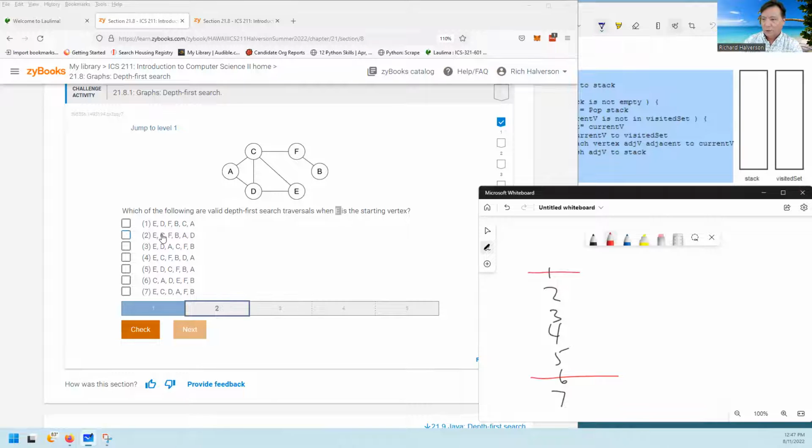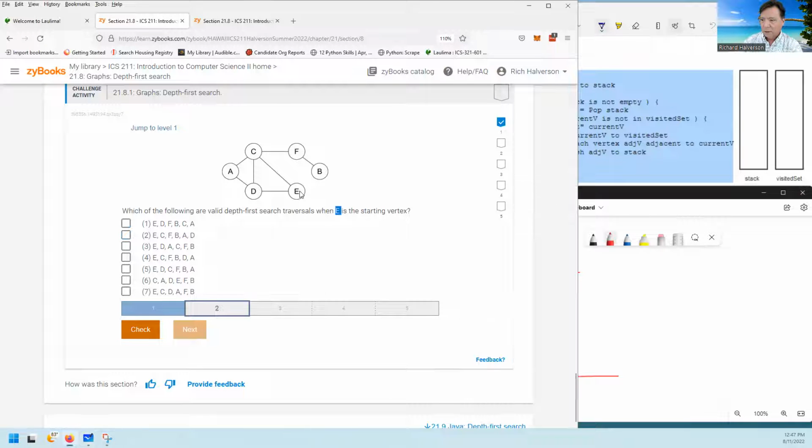How about number 2 here? E, C, that's okay. F, that's okay. B, that's okay. E, C, F, B, and then A would be in the stack because when C was visited, all 3 of these, A, D, and E, would get thrown in the stack.